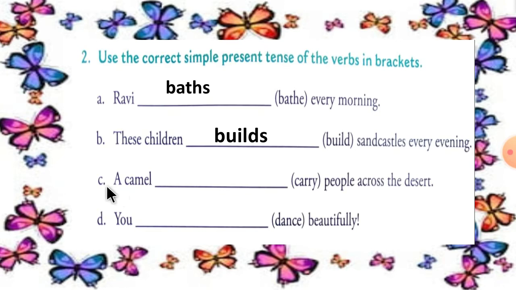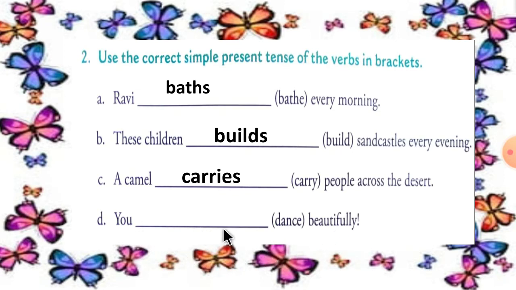Next, a camel dash people across the desert. Answer is carries. Then you dash beautifully.